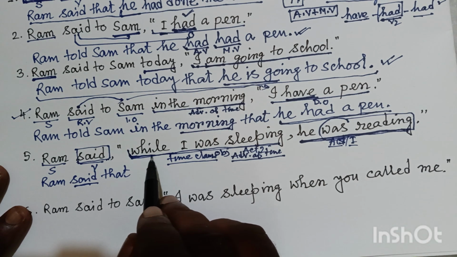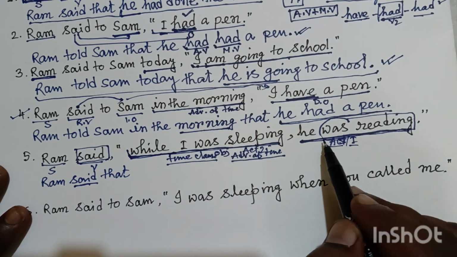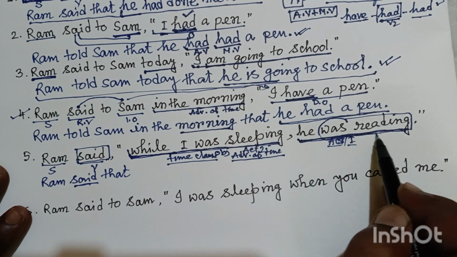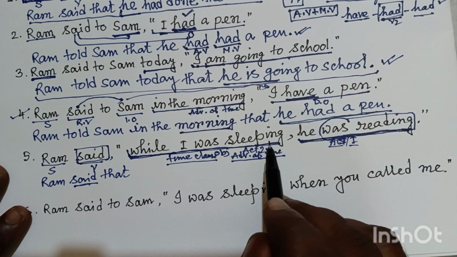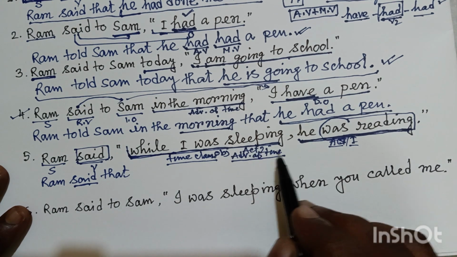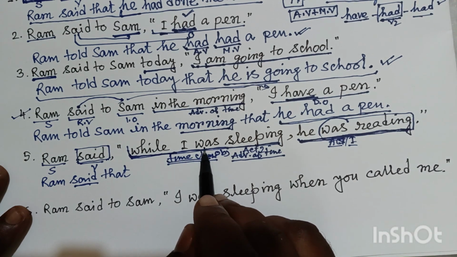It is a duration showing the time of this action. Actually, two actions are going on at the same time, and this clause is denoting the time and we cannot change it.